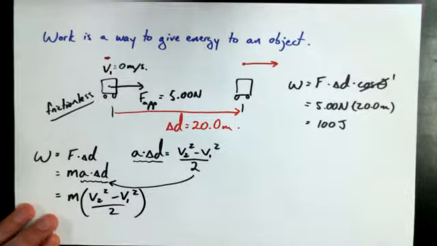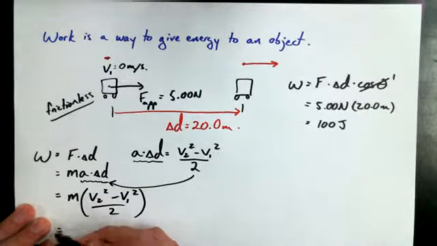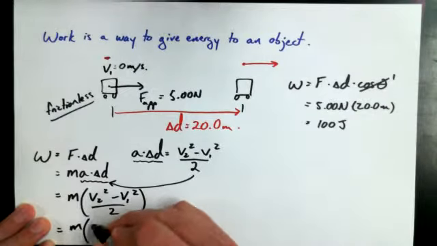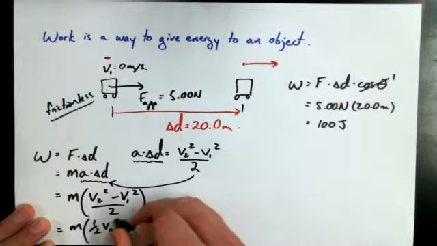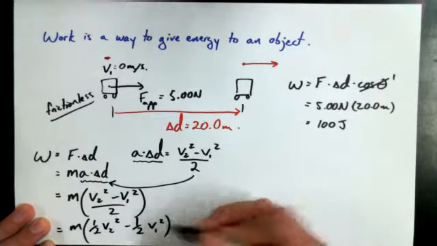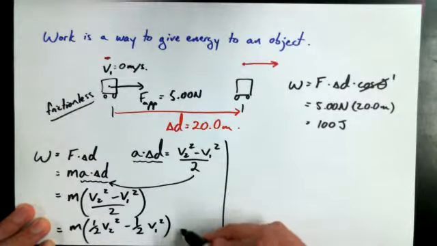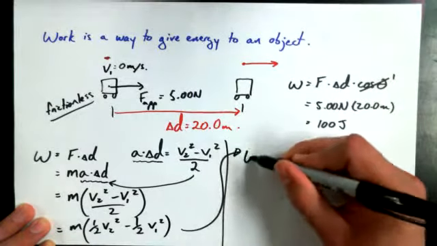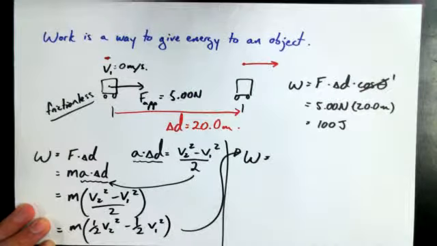And I can do a little bit of simplifying here. I can say, all right, well, this is the same as saying mass times 1/2 v2 squared minus 1/2 v1 squared. And I can do even more simplifying, and I can say, all right, that work is the same as saying, and you'll forgive me if I do a little bit of rearranging as I do this, multiplying through.